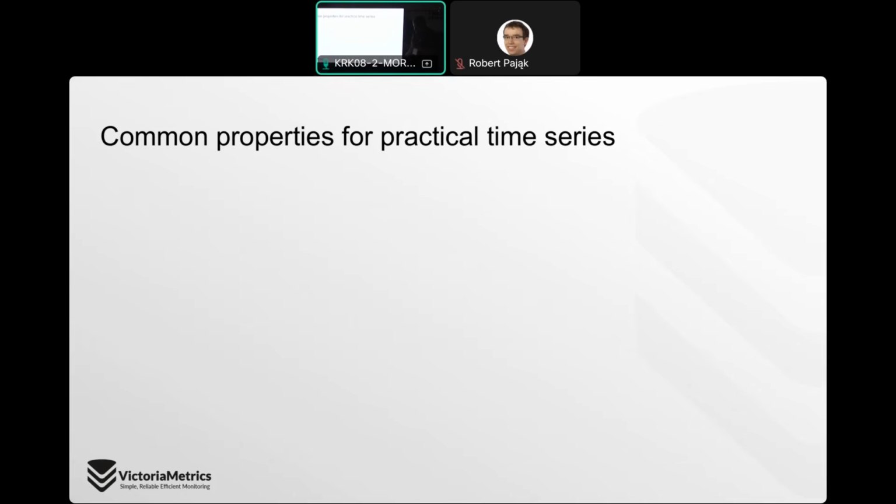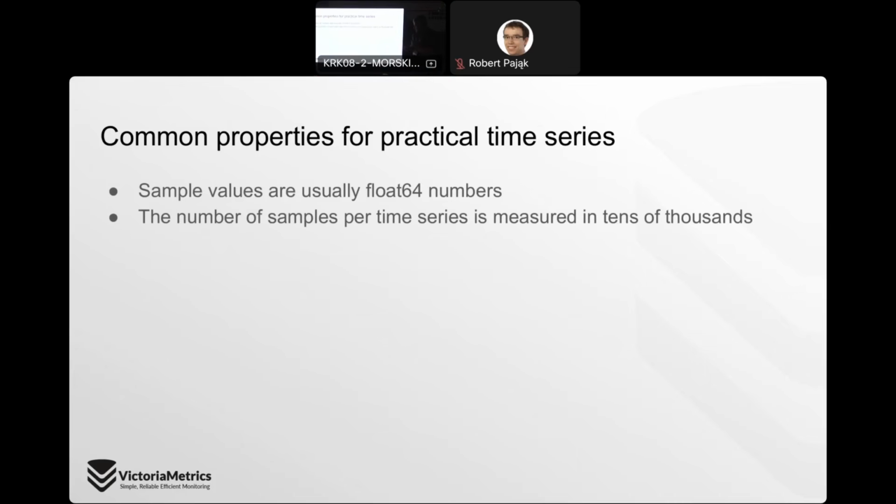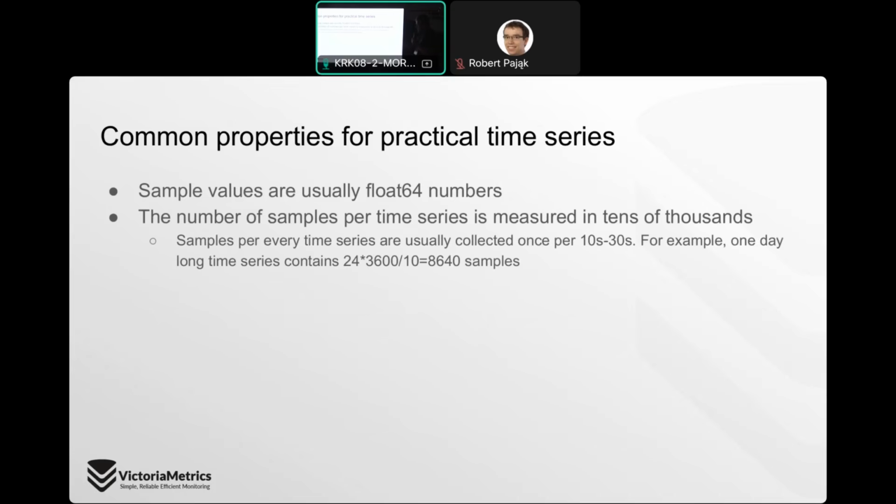And common properties for practical time series are the following. Sample values are usually just floating point numbers. And the number of samples per each time series is usually measured in tens of thousands. Why?